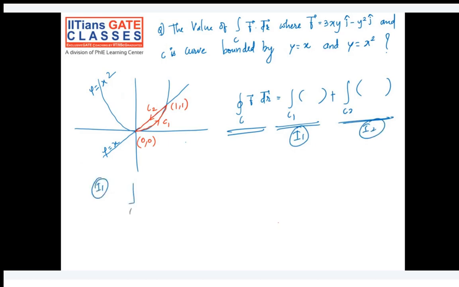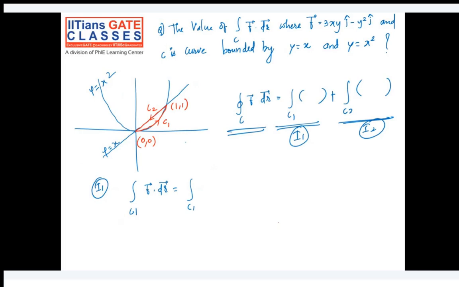So differentiation of 3xy with respect to x is 3y. Just a minute. F bar dr bar is equal to 3xy dx minus y square dy.